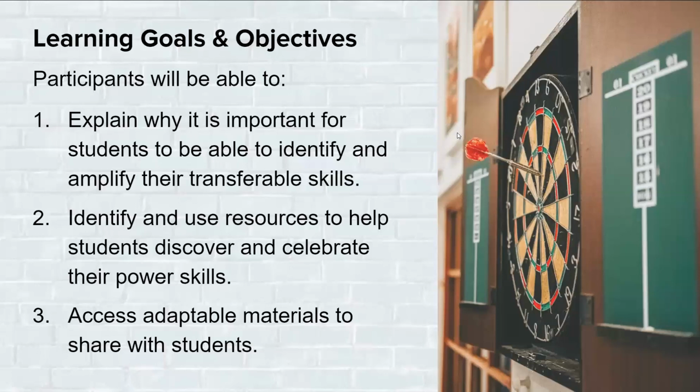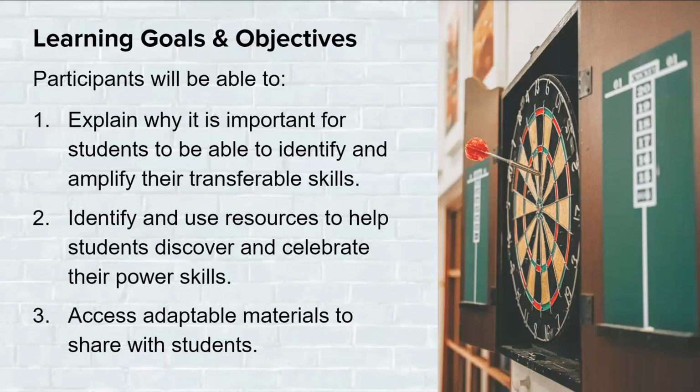Well, let's go ahead and jump into what we want to do today, our learning goals and objectives. We're going to talk about how very important it is for you to be able to help explain to your students their ability to identify, first of all, letting them know that they have these skills, identify, and then amplify, be able to articulate these very valuable transferable skills.